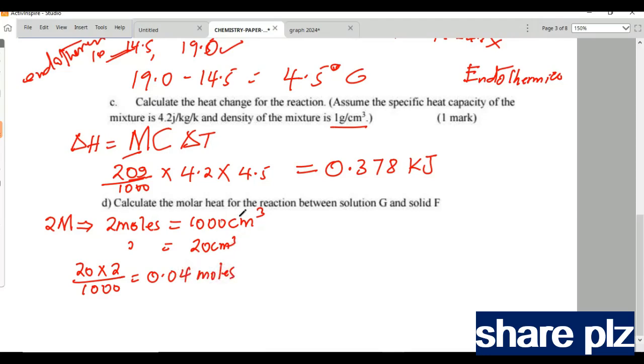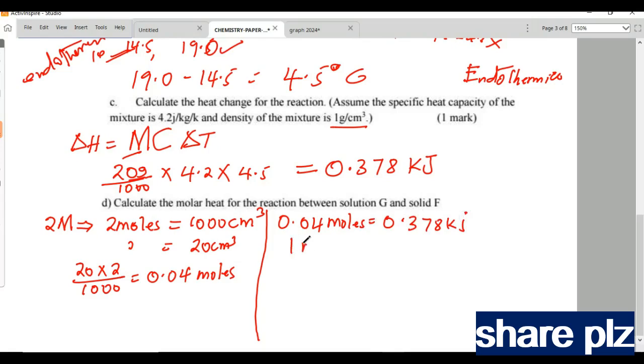So it means the number of moles that was able to produce this 0.378 kilojoules is this. So 0.04 moles was able to produce 0.378 kilojoules.